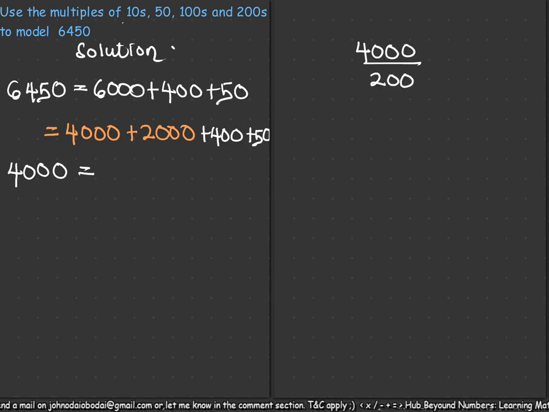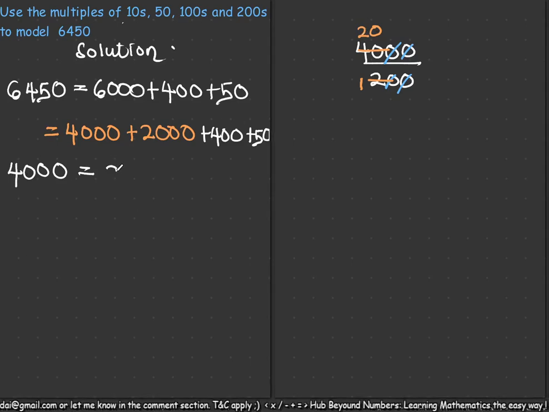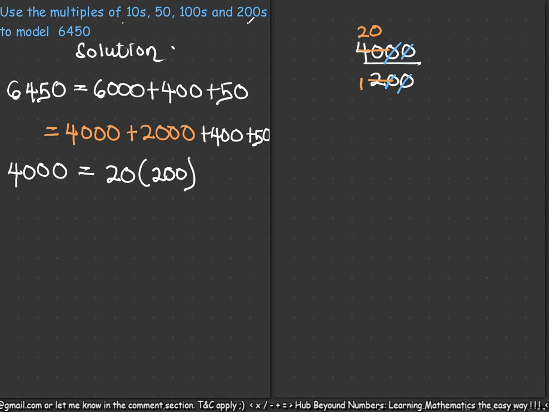So with that, you can simply say these zeros here cancel each other, and then 2 divides itself once and divides the 40 20 times. So that means that the 4,000 we see over here can then be written as 20 times 200. So with that, now we have been able to write our 200s.